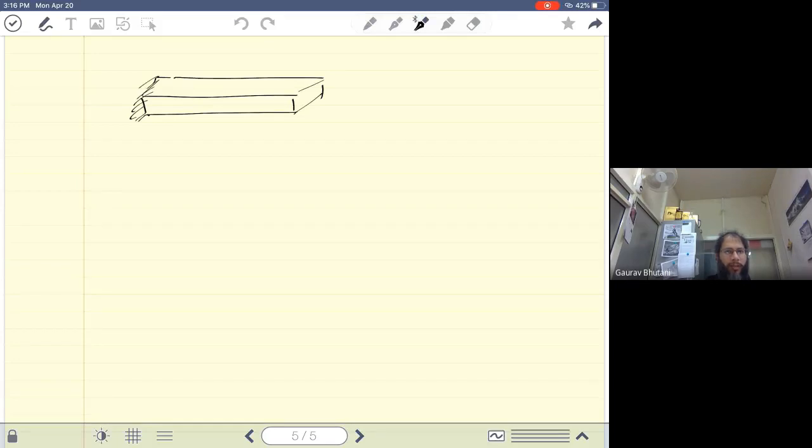It could be any cross section. Right now we've taken a box kind of cross section. It could be an I cross section and so on. It's a cantilever beam, which means that it's fixed at one end, just like a diving board in a swimming pool. If you stand on the free end, the whole thing can go down or deform. So a diving board is nothing but a cantilever beam.